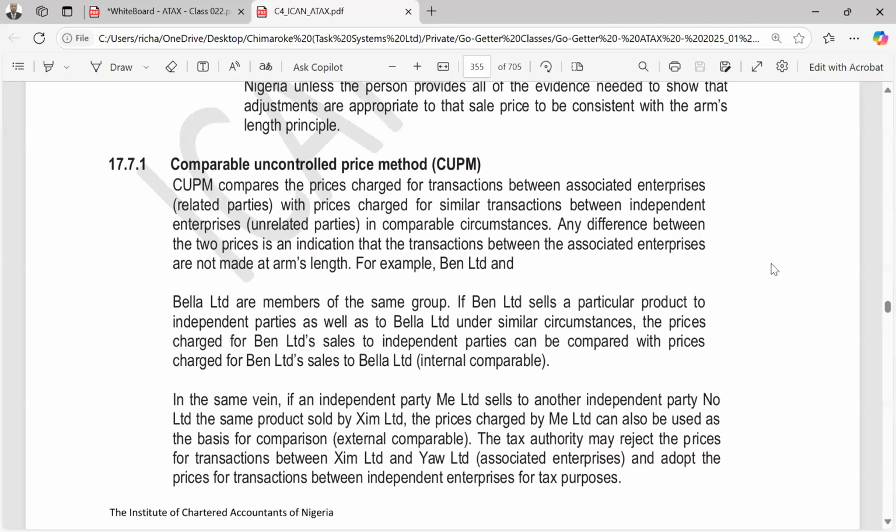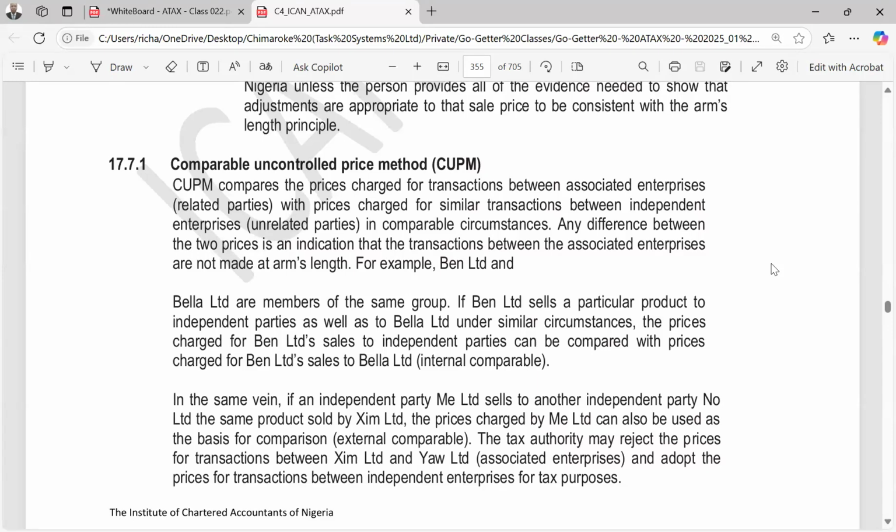If it is the same product that X Limited sells or buys from M Limited, then this can be used as external comparability. External comparability, whereby they are not related. Non-related parties are doing business here.